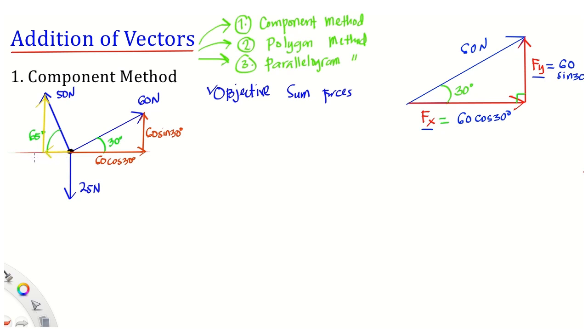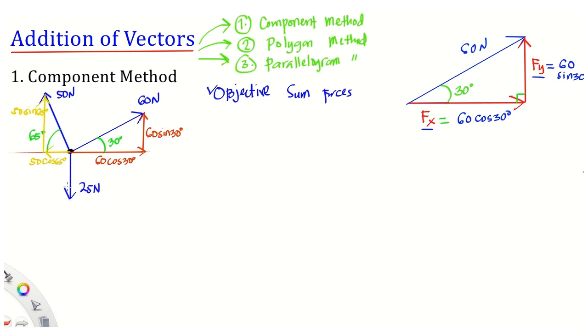So we can say that this is 50 and this is adjacent, the angle is 65. We will use cosine 65, and this one is opposite to the angle 65, so we would say 50 sine 65. And this one, we are not going to use cosine and sine because we would consider this as y component. Okay, this 25 by itself is already a y component.